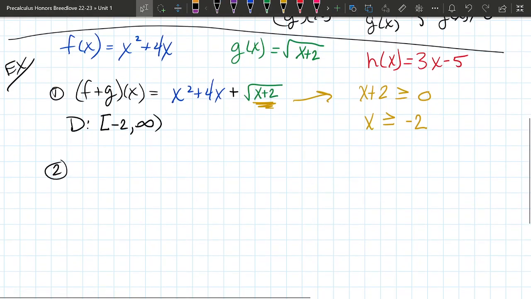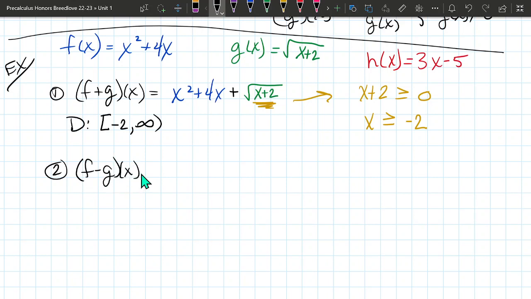And we're going to do the difference, f minus g of x. We start the same way with the f function, because that's what came first in our notation. x squared plus 4x. And then we're going to subtract the g function.